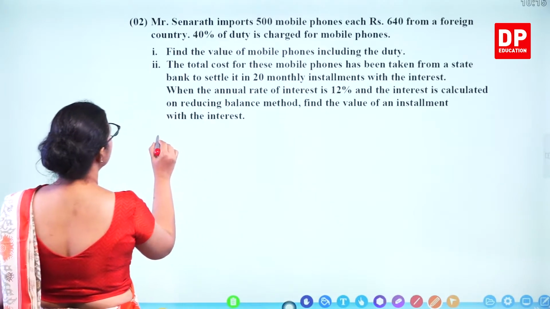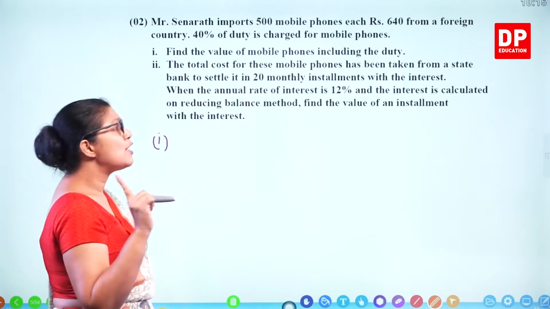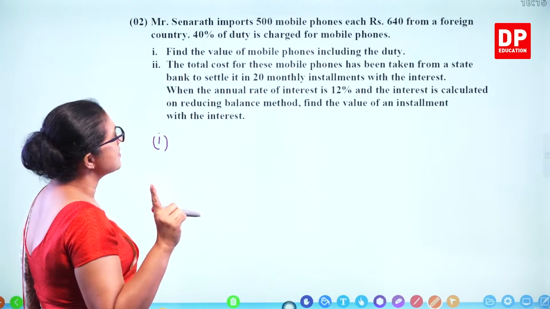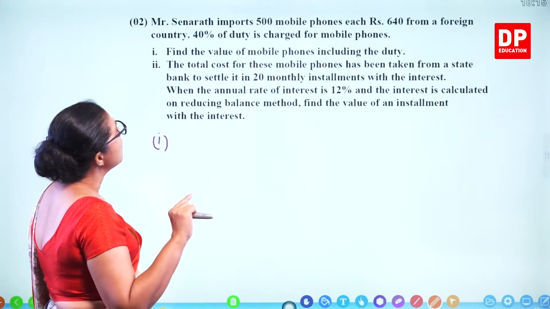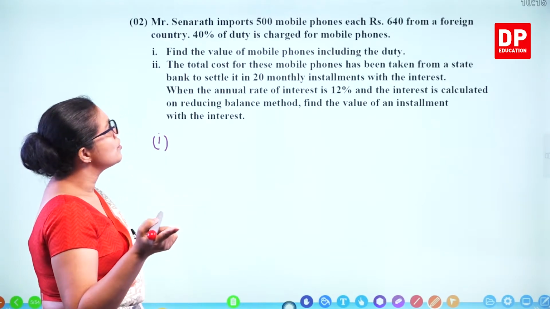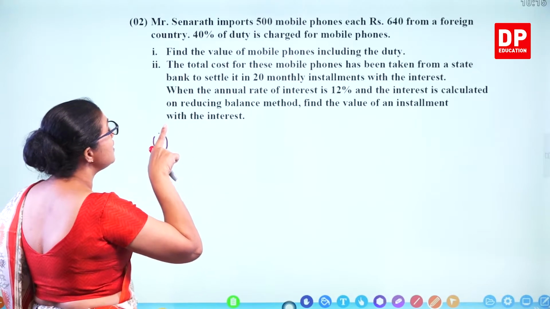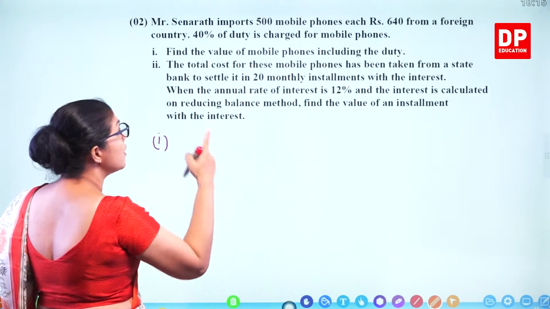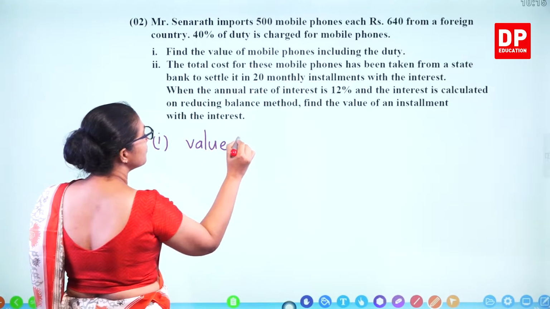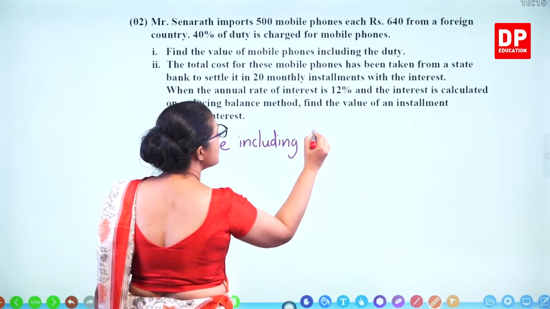First part. Find the value of mobile phones including the duty. So what's the price? Each one 640. 500 mobile phones are there and 40% duty is charged for the mobile phones. So you need the value including the duty.